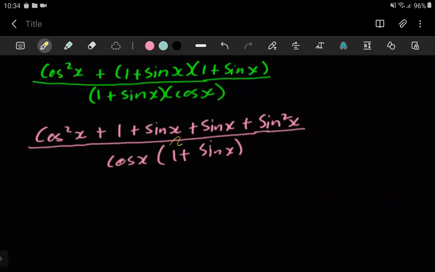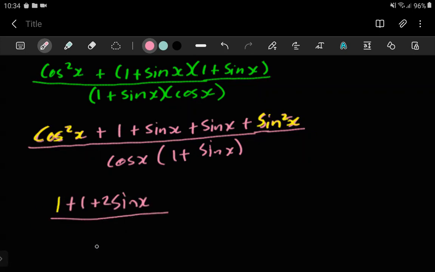So far, we have this cos squared x here and this sine squared x there, which can be a 1. And then plus a 1 here. Let's not write it too fast. Sine x with a 2 there, because there are 2 of them.